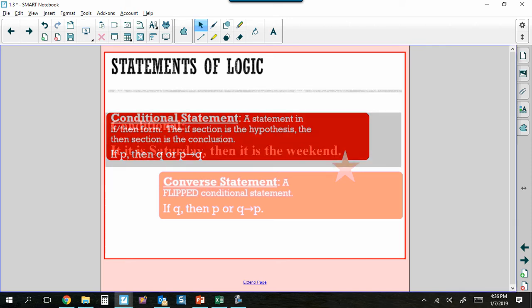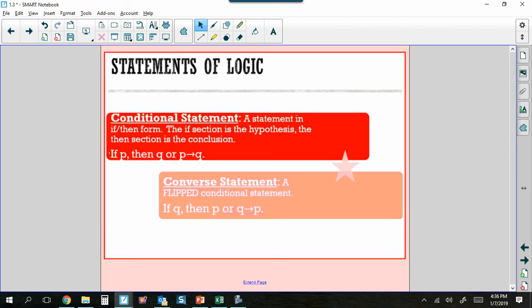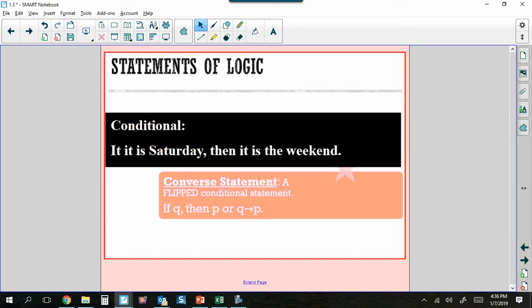So we could write that as, if it is Saturday, then it is the weekend. So go ahead and fill that in just as an example specific to this problem. Again, you have a space for you to fill in the if P, then Q, or with the arrow notation. And then right below that, you can go ahead and write, if it is Saturday, then it is the weekend.